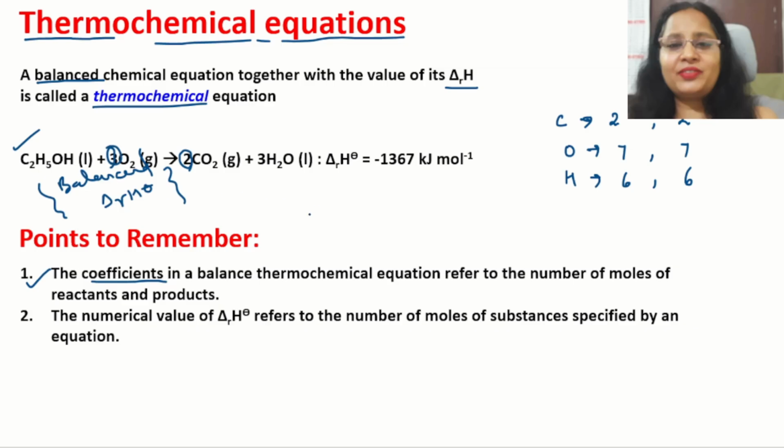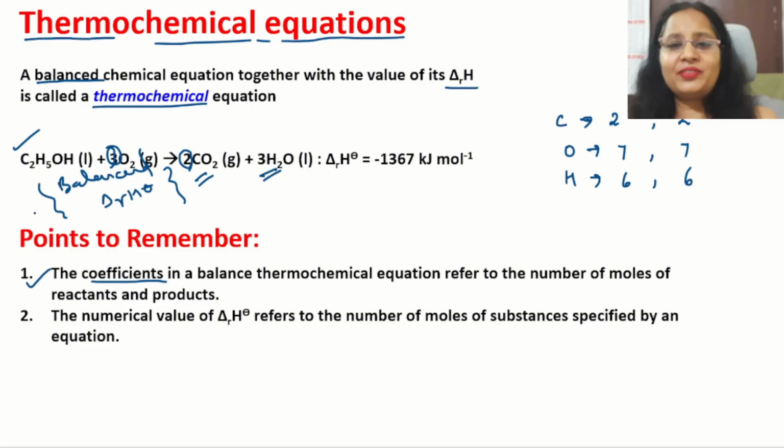These are called stoichiometric coefficients, and they are not molecules. We can't say 3 molecules of oxygen are added to 1 molecule of ethanol. We say 1 mole of ethanol reacts with 3 moles of oxygen and gives 2 moles of carbon dioxide and 3 moles of water. So the stoichiometric coefficients are the number of moles.